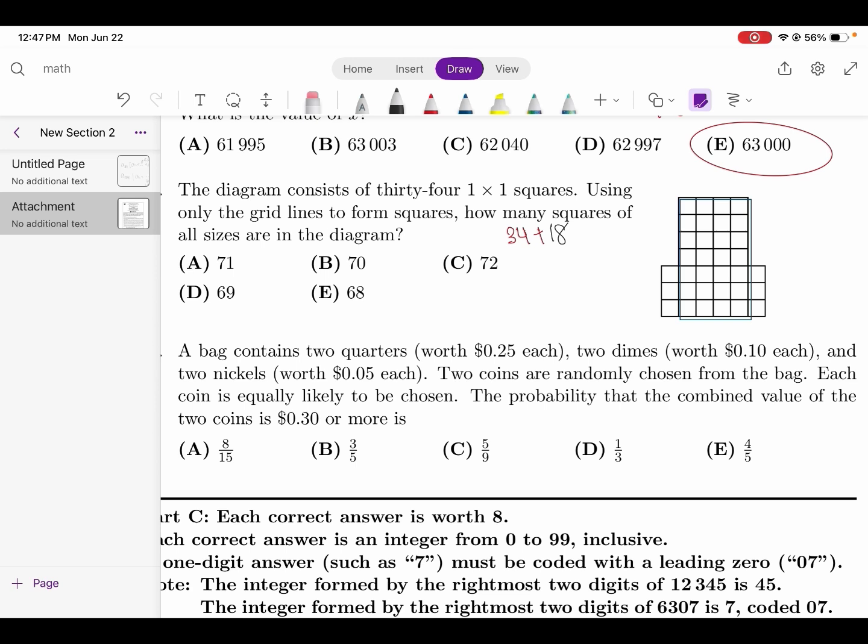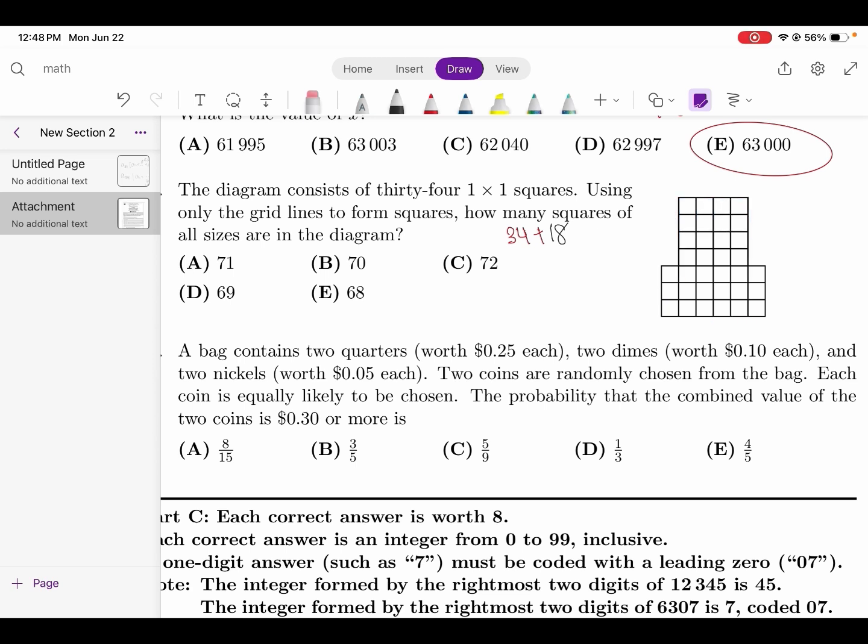2x2 squares, because for each 2 rows, there are 3 squares, and then there are 6 pairs of rows that are adjacent to each other.